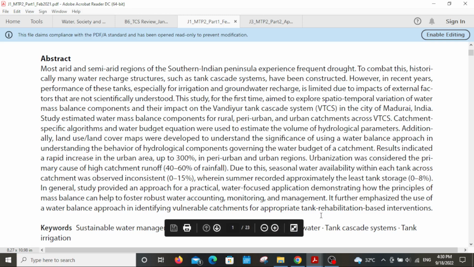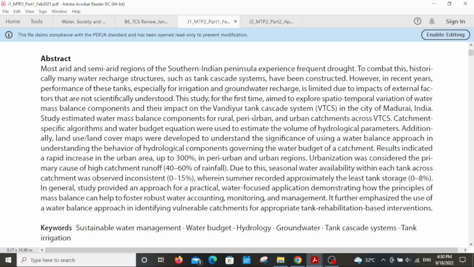So, this is how a real case study is conducted for understanding the significance of reviving the tank cascade system, such that it can allow us to make the best use of these tanks in the regular water applications. And the primary focus of this manuscript mostly remained focused towards identifying the water budget components or water mass balance components for rural area and catchments.